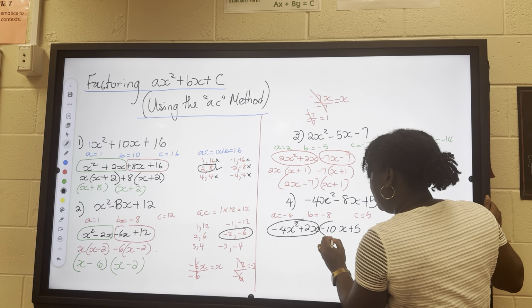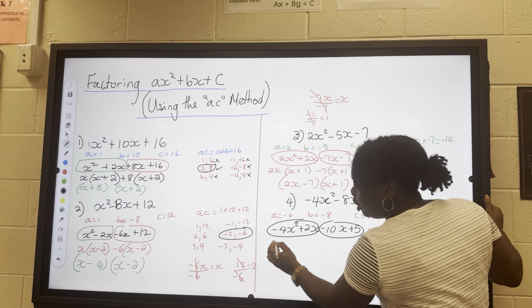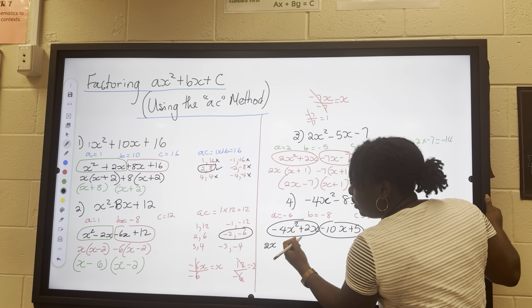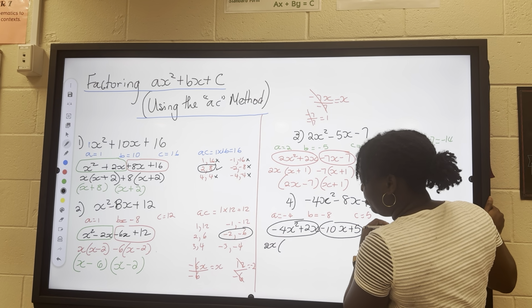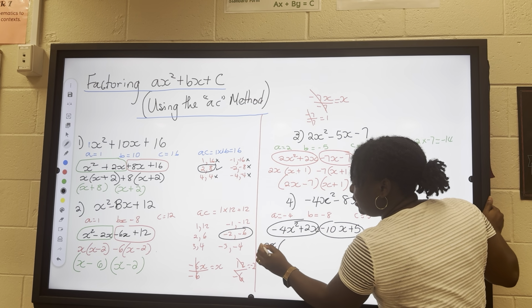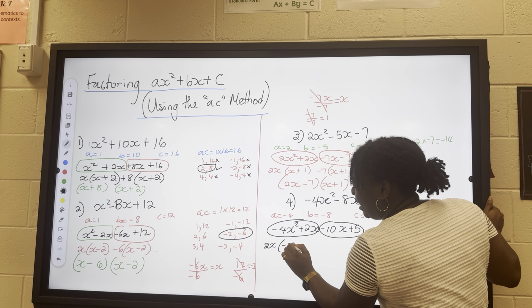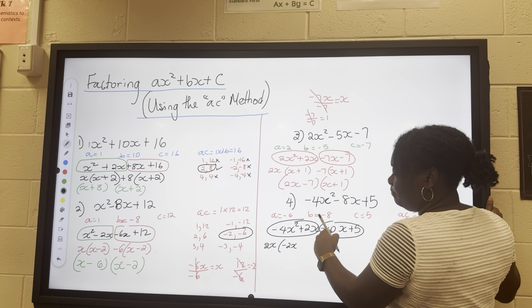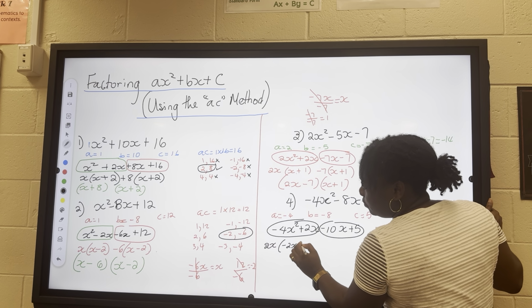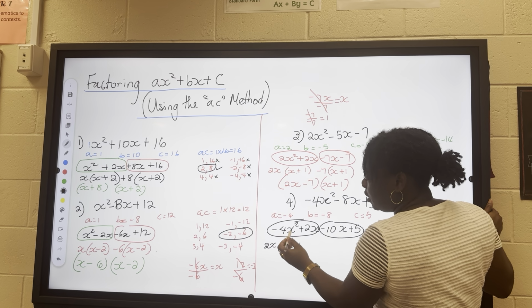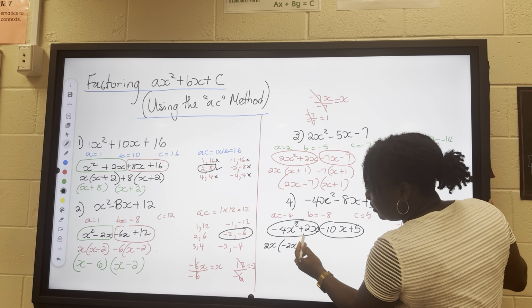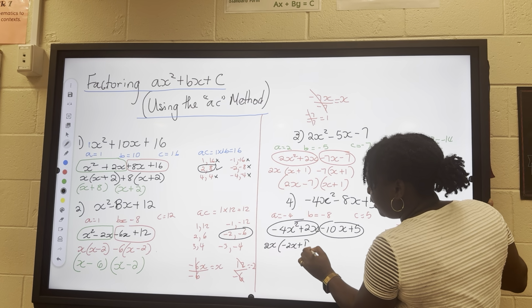Group them and then factor them out. So here I can pull 2x. So that's negative 2x plus 1.